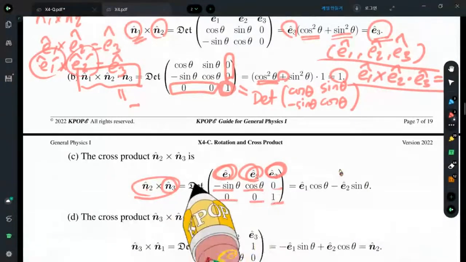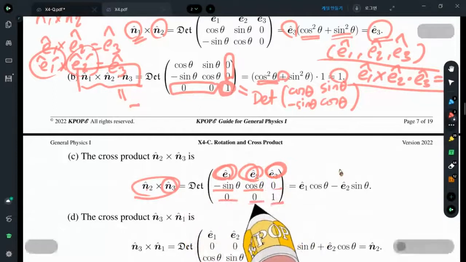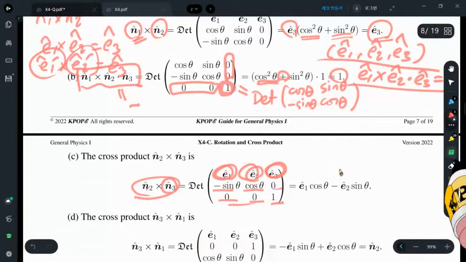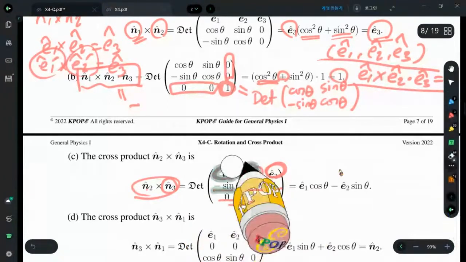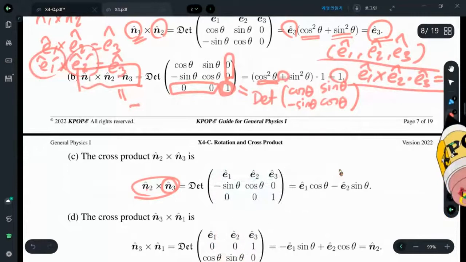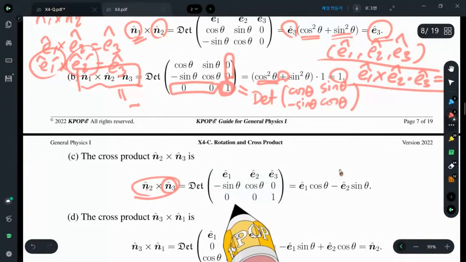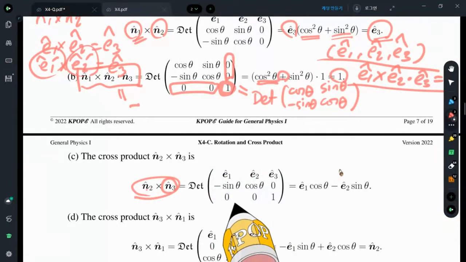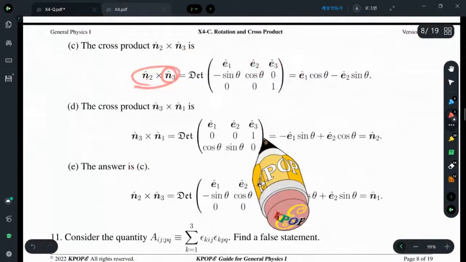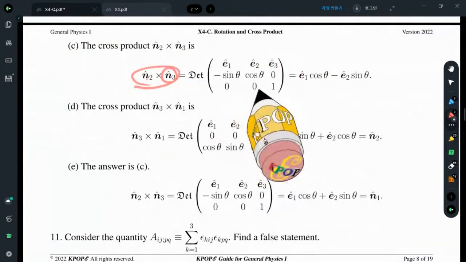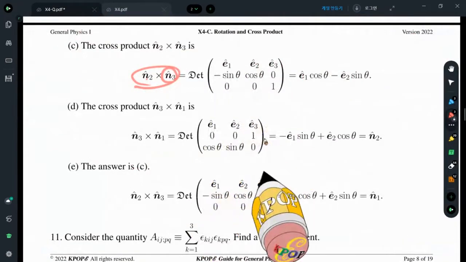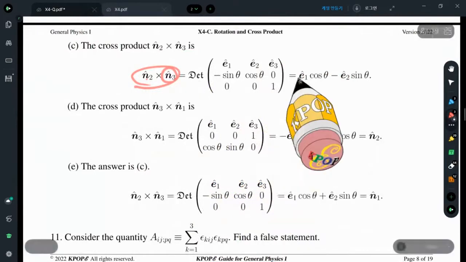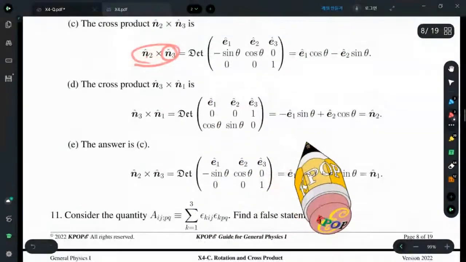And again, the determinant of this one is... I think you just do it yourself. So this is just the training of computing determinants. You should be very familiar with this.